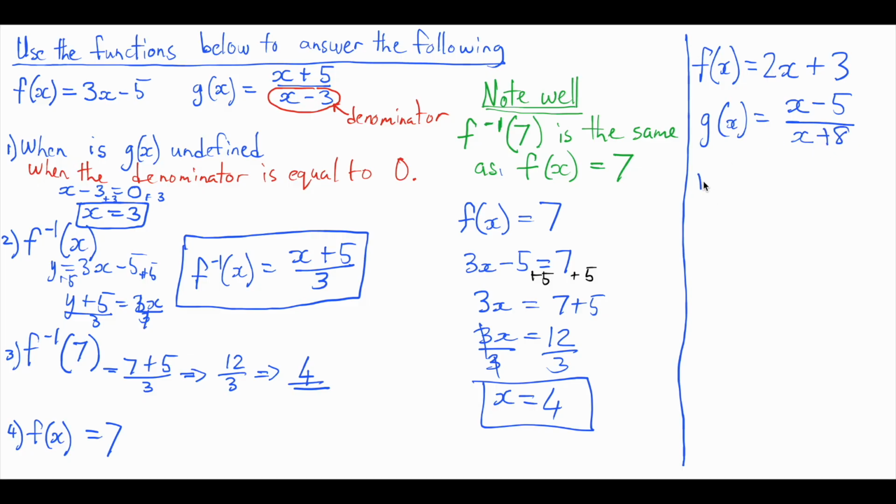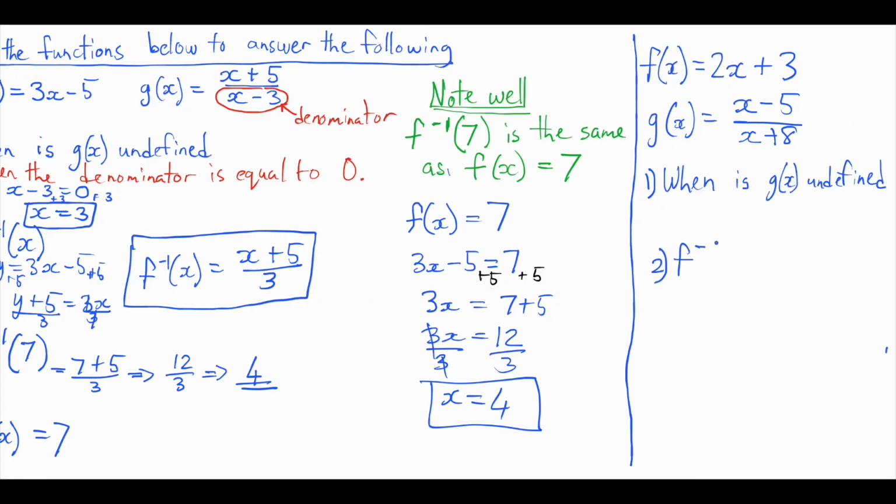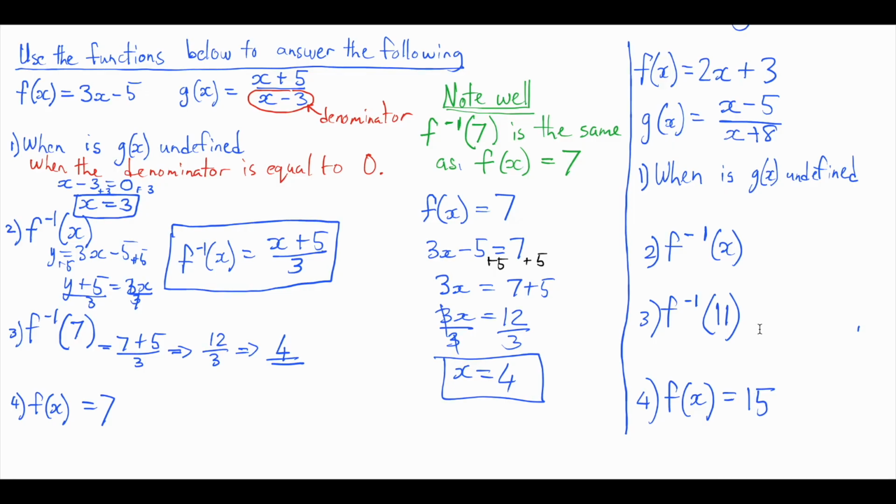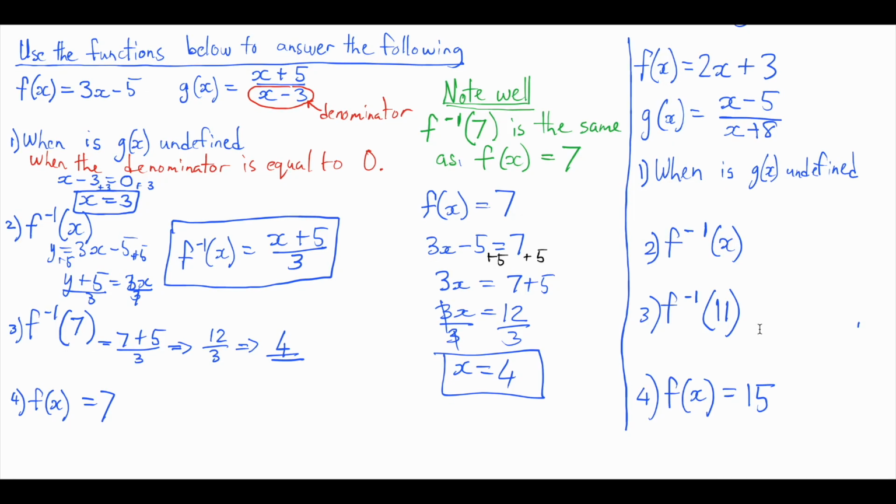And then 1, when is g(x) undefined? 2, get an expression for the inverse of f. 3, find the value of the inverse when the input is 11, and then solve for the input x when f(x) is equal to 15. Alright, so I want y'all to work on this, and that's it for the day. And I'll just go through it with you just in case you didn't get it, so write that down and work on it.